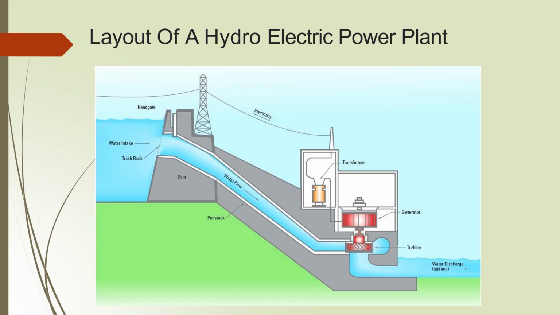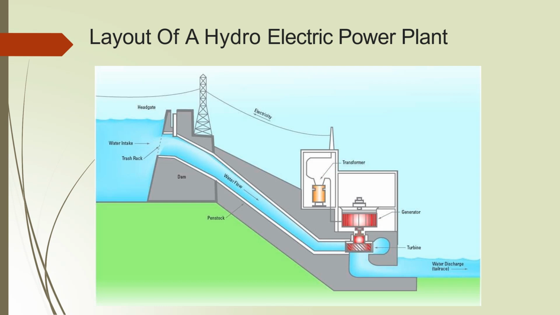The dam is a storage for the water, and the top of the water available in the dam is called the head race, or it is also called the head gate. Through this, the water flows through the penstock, and at the bottom end we have a turbine, of different types depending upon the head available, and this turbine is coupled with a generator.